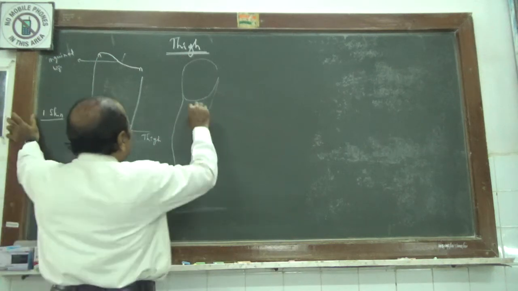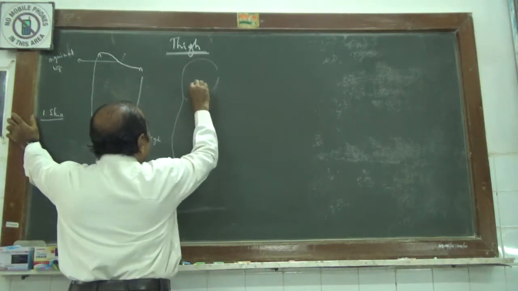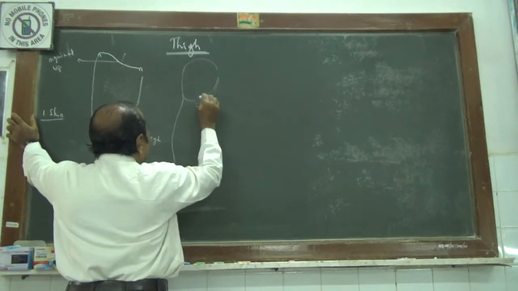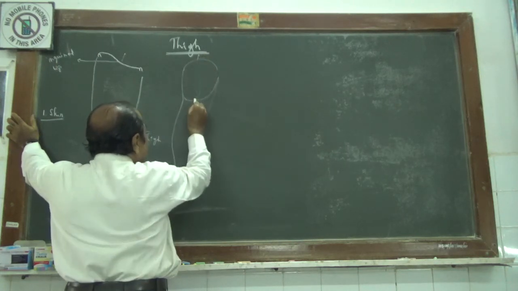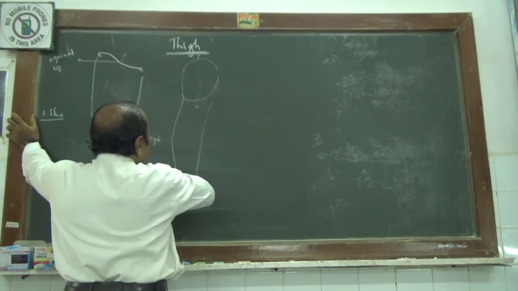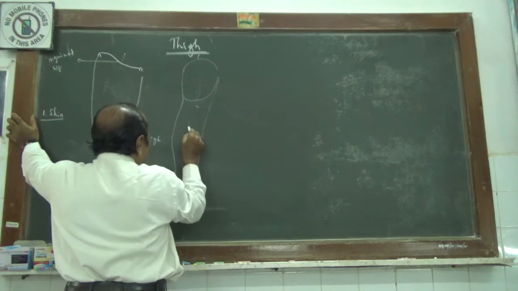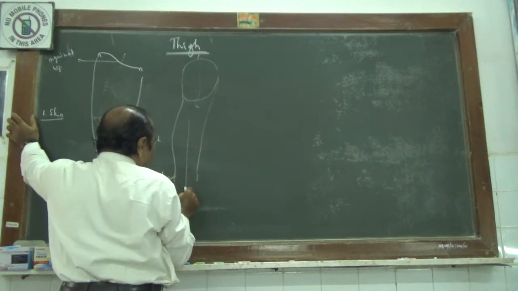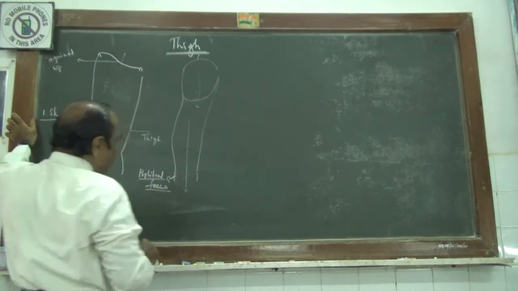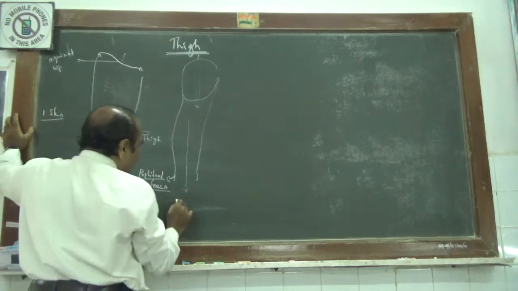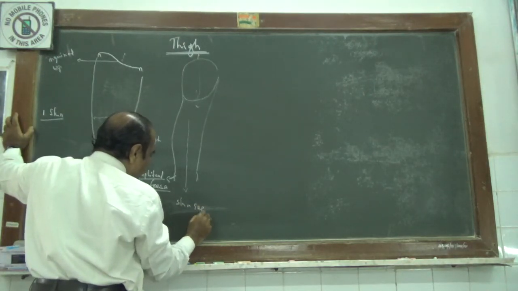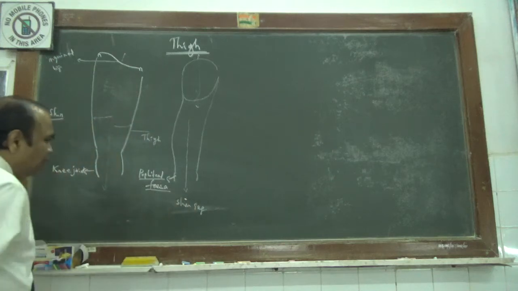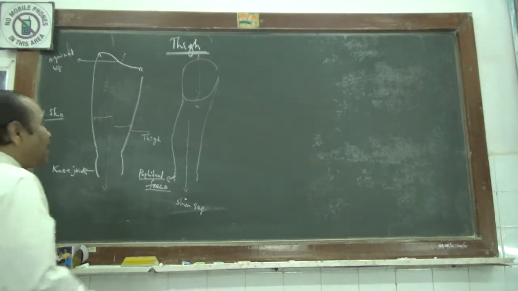Now the skin of the back of the thigh is continuing from the skin of the waist, thereby the skin of the gluteal region. As it descends down after crossing the popliteal fossa, it becomes the skin of the leg.